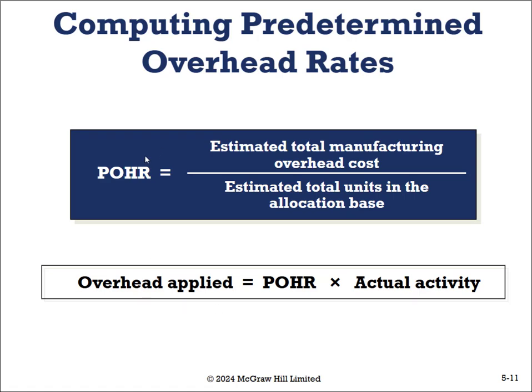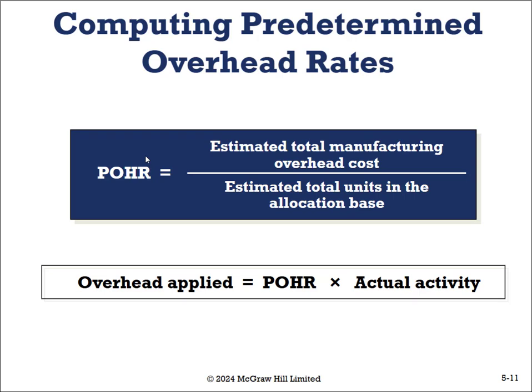We use the predetermined overhead rate because it's determined before the period begins. The reason we use this POHR is that a predetermined rate makes it possible to estimate total job cost sooner. We need to know total job cost sooner so that we know what to charge customers. We need to know, are we making money on this job?